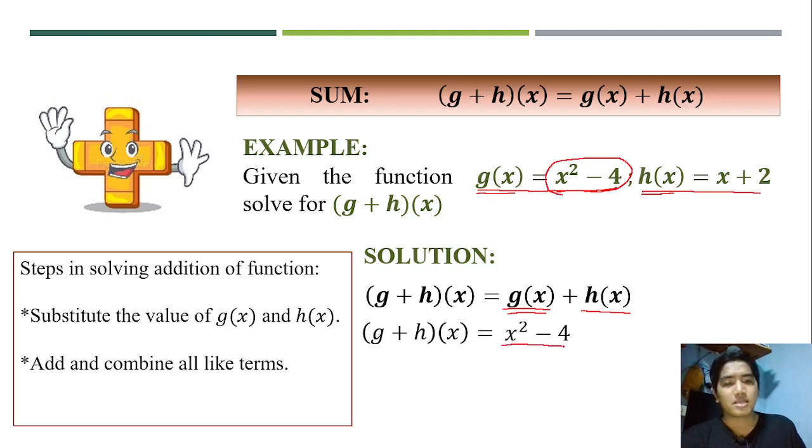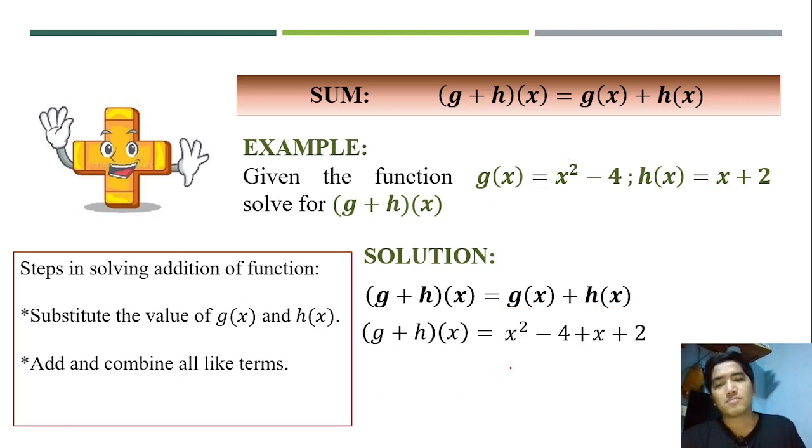So we just copy that, and then plus, because we are doing addition. We just simply add, right? So there should be an addition sign. Then our second function is h of x. What is the value of h of x? We have here x plus 2. So we have now substituted the values for our addition.